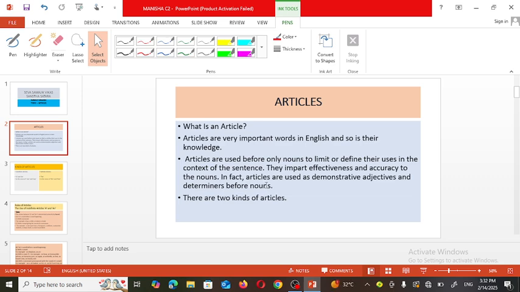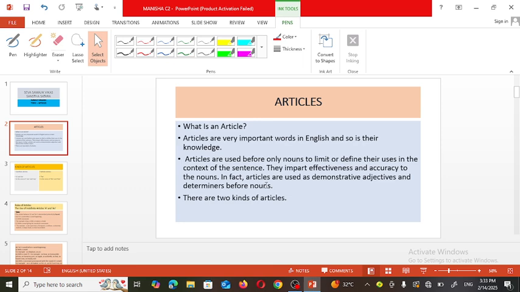So in English grammar, articles are words that are combined with a noun to indicate a degree of definiteness or specificity of the reference being made by the noun.